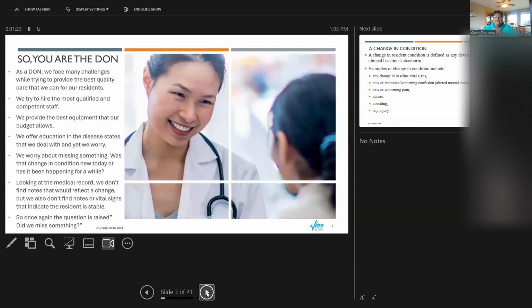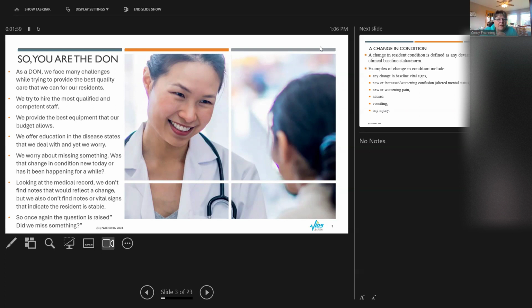I know that a majority of you are DONs or perhaps administrators or other nursing home staff. But as a DON, we face so many challenges. We want to provide the best possible care for our residents, and that's really hard when you have so many things pulling at you, when you're trying to keep all these balls in the air, so to speak.